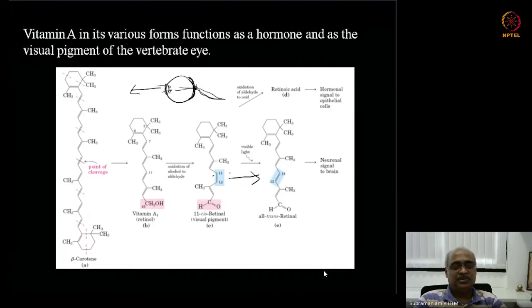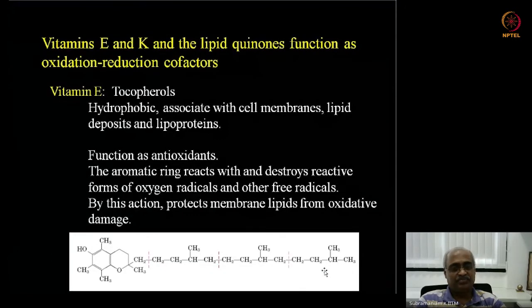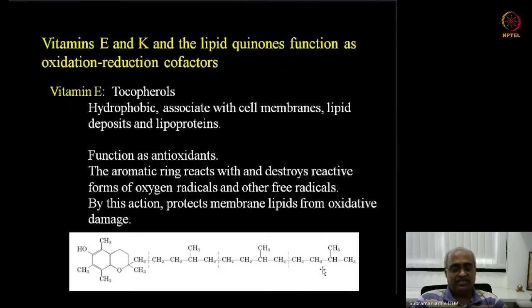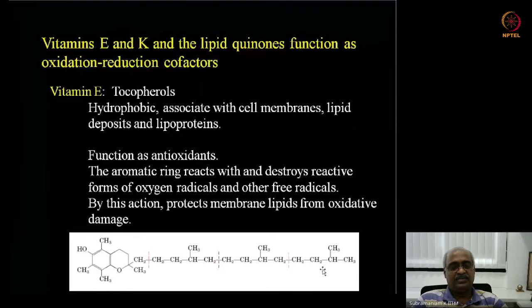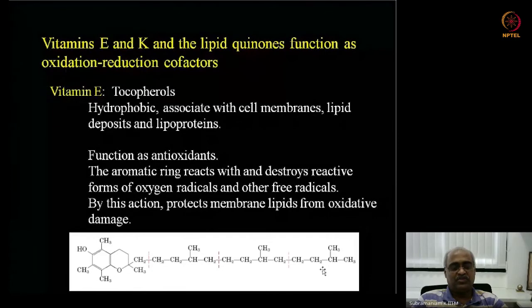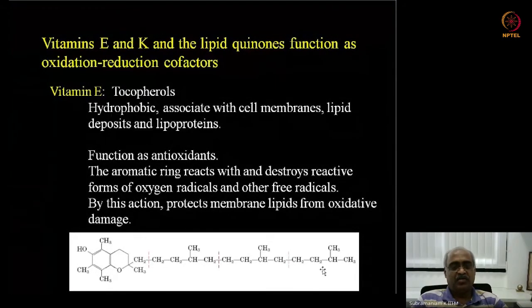Move on from A to now E. Remember we were talking about rancidity and lipid peroxidation. When you have a double bond in the aliphatic chain, you can have oxygen added between those two carbons, and that is a peroxide, all that I was talking about, and how that causes rancidity and membrane damage.